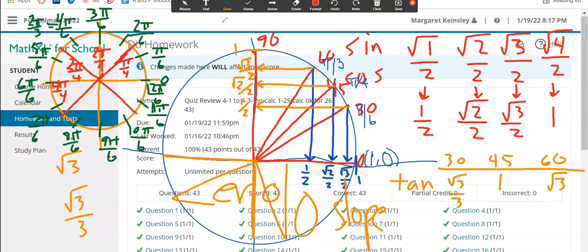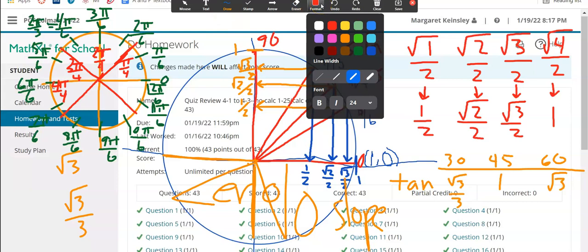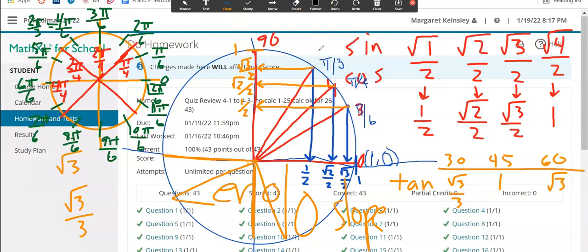Because as soon as you do what you did, and I'll try not to erase what you wrote. That's a little bit hard. It'll probably erase yours too. But you're trying to figure out, is this one pi over 6 or is it pi over 3?